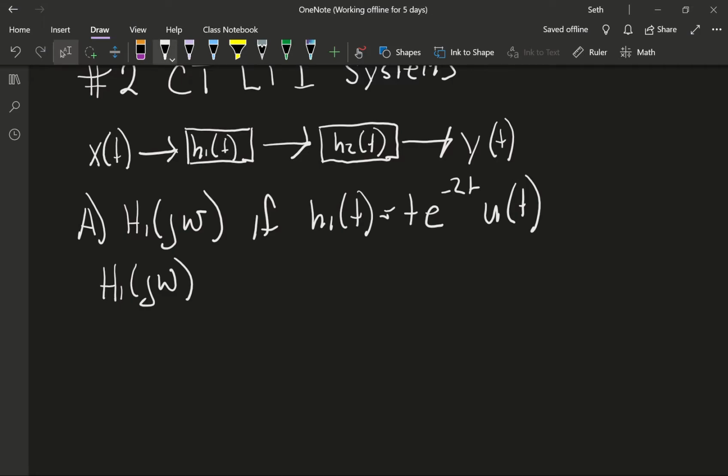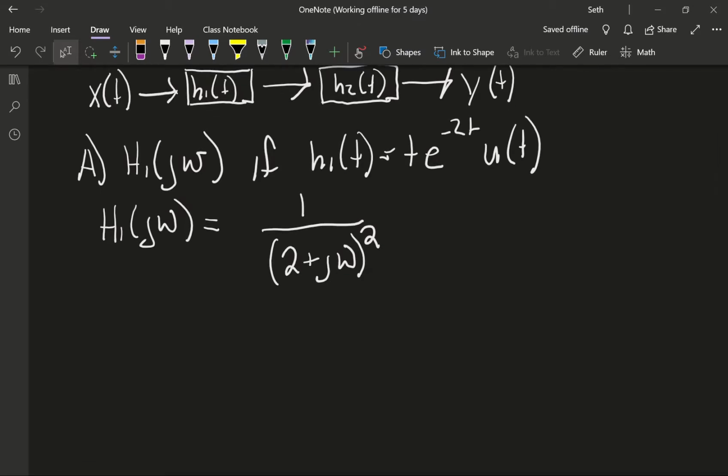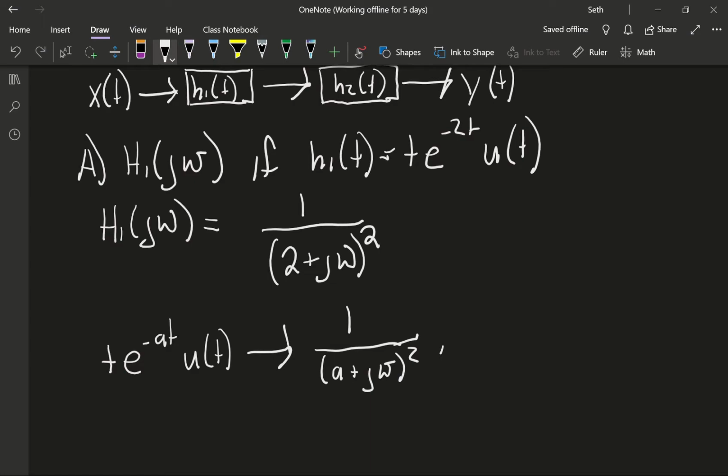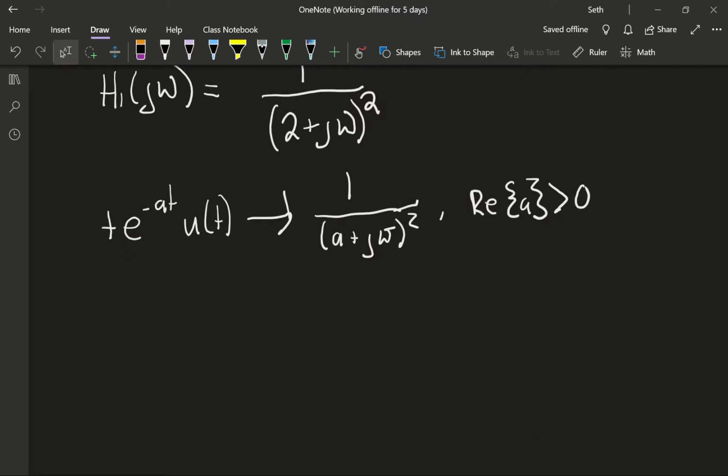So H1 of j omega is going to be, and that's because that maps to, with the condition that that's true in this case. So now we go to B.